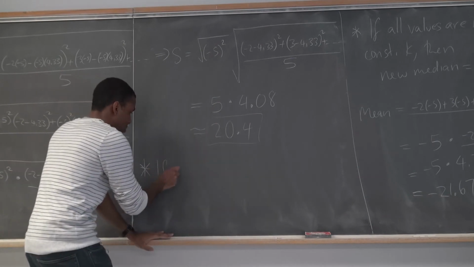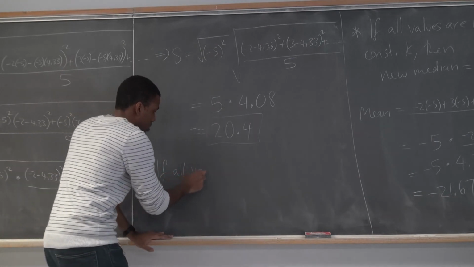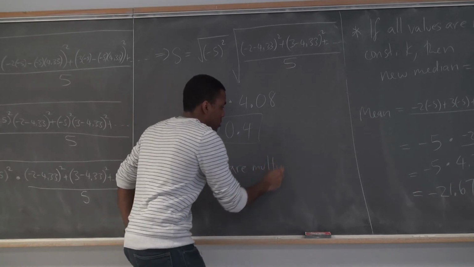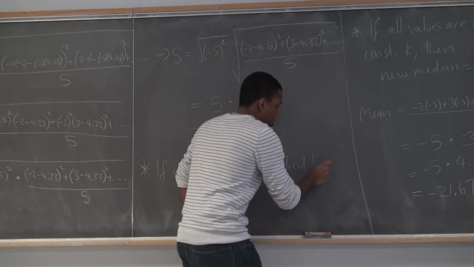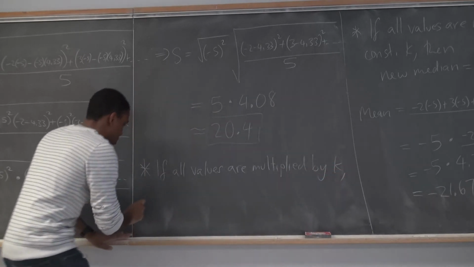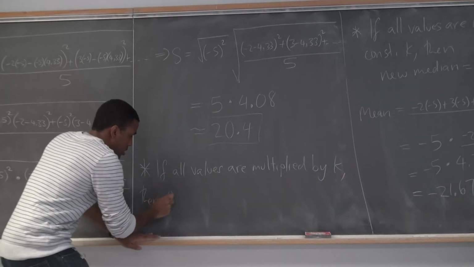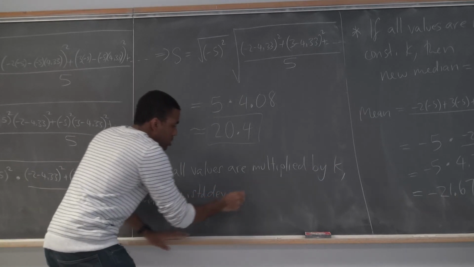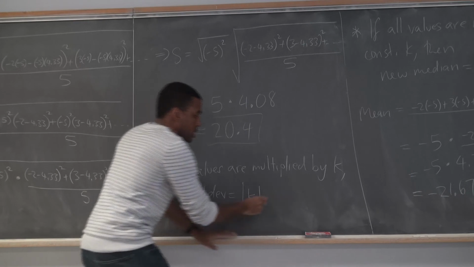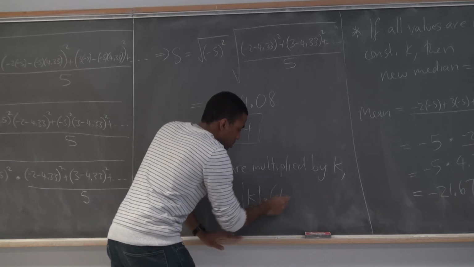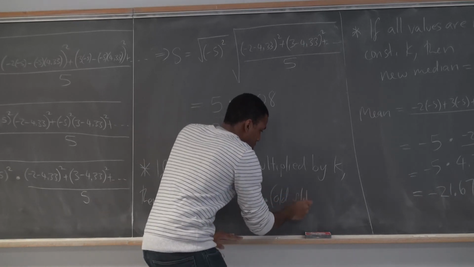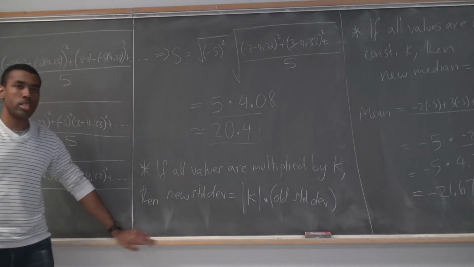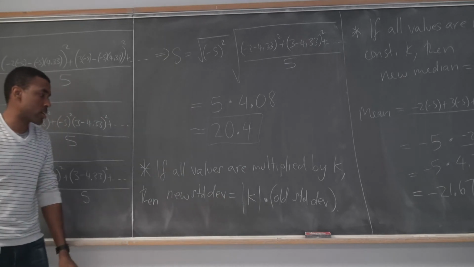So if all values are multiplied by k, then the new standard deviation is equal to the absolute value of k times the old standard deviation. So multiplication actually changes your spread. It changes it by a constant factor.